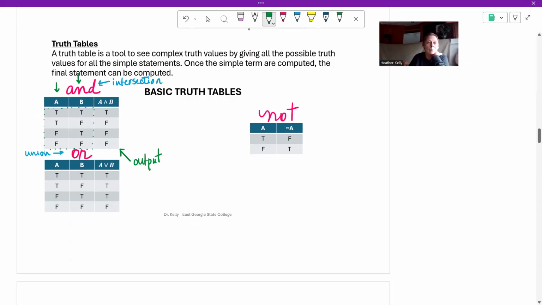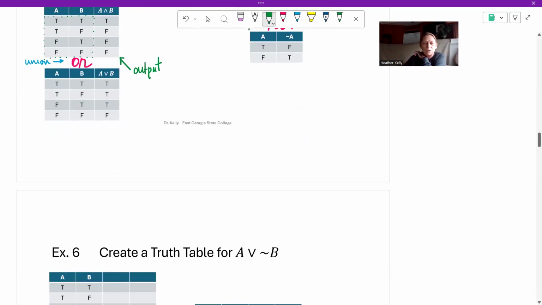You will set up the A and the B in a pattern that you will always use. And then you can lean back on these basic truth tables to finish the rest of your problem. It's kind of hard to explain until we get into it.